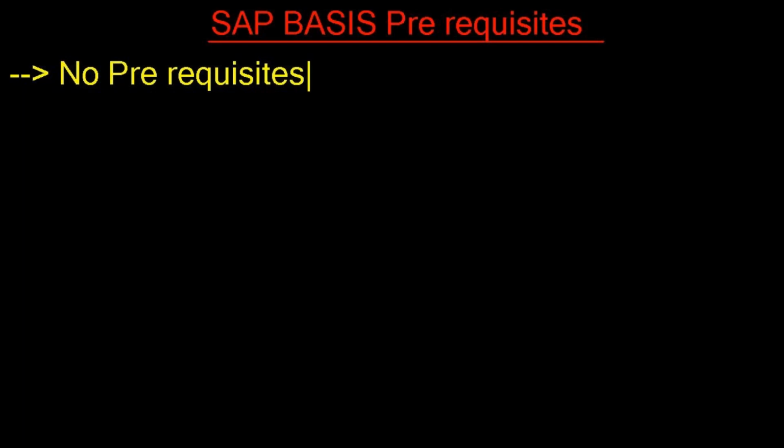If you want to learn Java, first we need to learn C, C++. If you want to learn .NET, first we need to learn C, C++, then only Java. Just now we discussed, if you want to learn BW or BI or BO, first we should learn SQL. In the same way, if you want to learn SAP basis, no prerequisites, no need to learn any programming language.